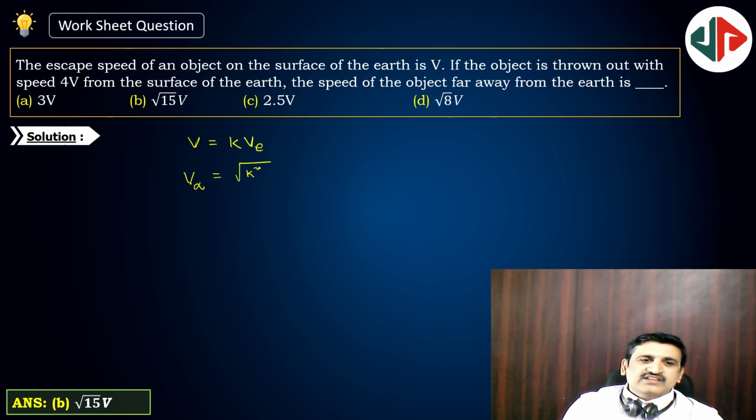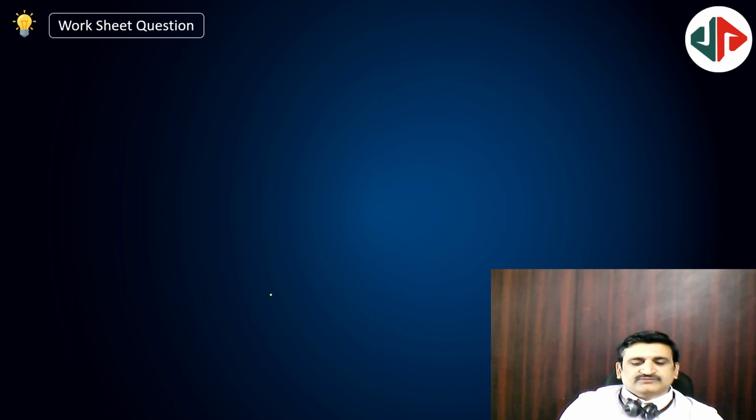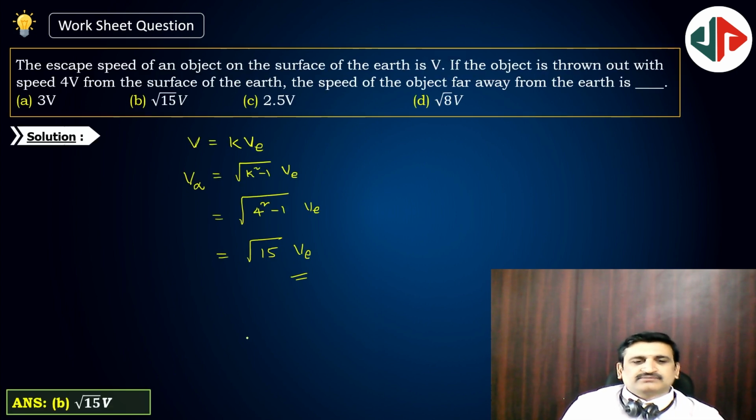Square root of k square minus 1 into escape velocity ve. Here k value is 4, so 4 square minus 1 into ve. 4 fours are 16, minus 1 is 15, so root 15 ve. So the answer is root 15 ve. This option also came earlier. Yeah, next.